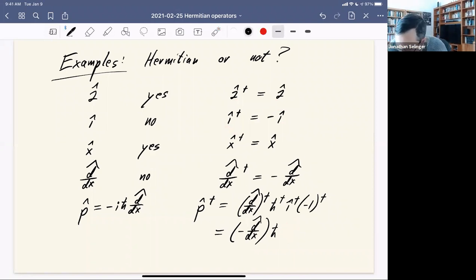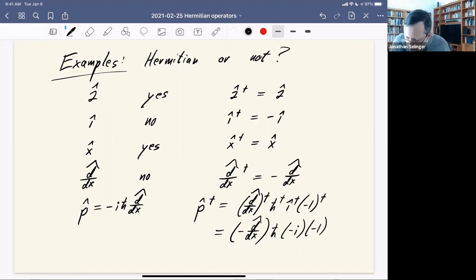The Hermitian conjugate of multiplication by -1 is just multiplication by -1 because -1 is real.